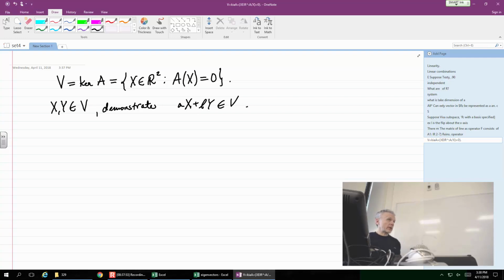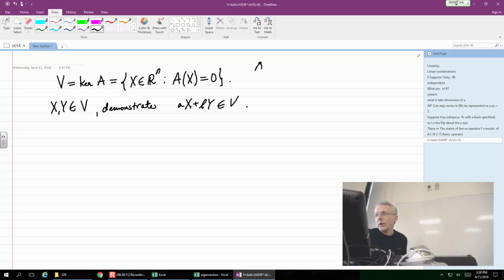It preserves linear combinations, so it contains linear combinations of its elements. Okay. In this case, really no need to make it two-dimensional, because the proof itself is purely abstract and applies to anything we can think of.